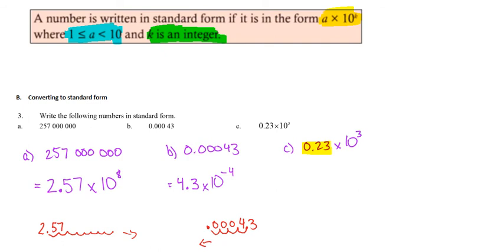And I think the most straightforward approach is to convert that number individually. So if we were to convert 0.23 to scientific notation, it would be 2.3 times 10 to the negative 1, because I'd move 1 to the left to return to 0.23. But then I still have this quantity multiplied by 10 to the 3.